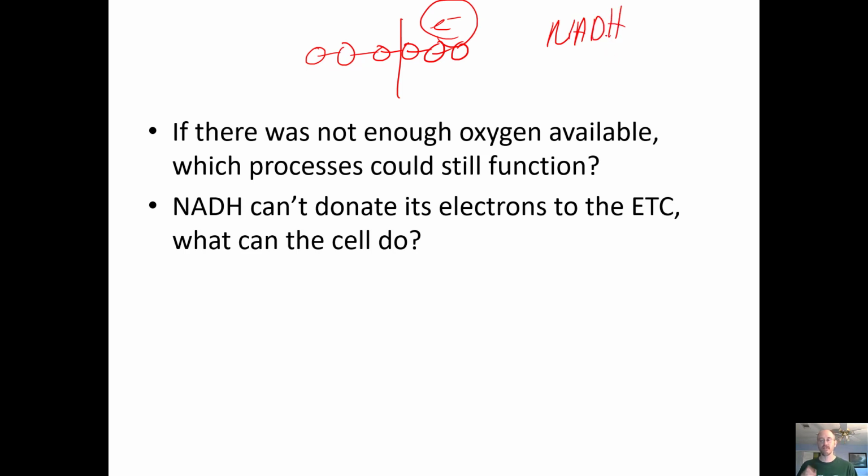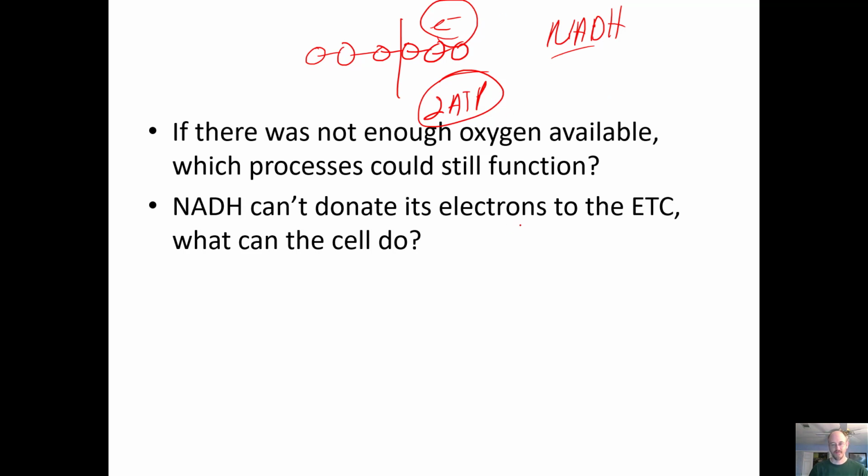Now, this would go to the electron transport chain, but it can't because it's not functioning. There's no oxygen. But this is going to produce 2 net ATP, right? 2 ATP are produced by this. The cell still wants more ATP, but it can't make any more until it gets rid of these electrons and frees up the NADH to grab some more electrons.